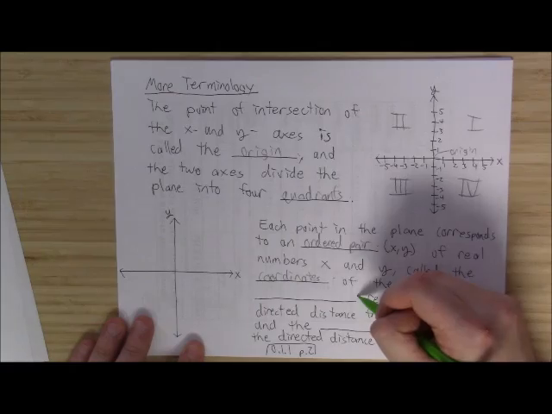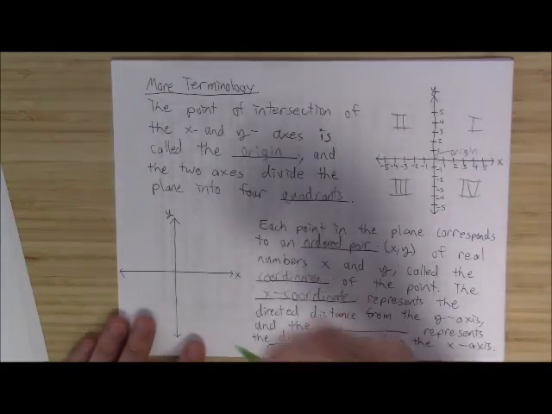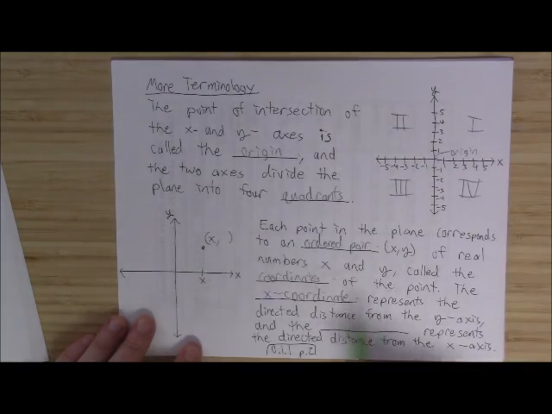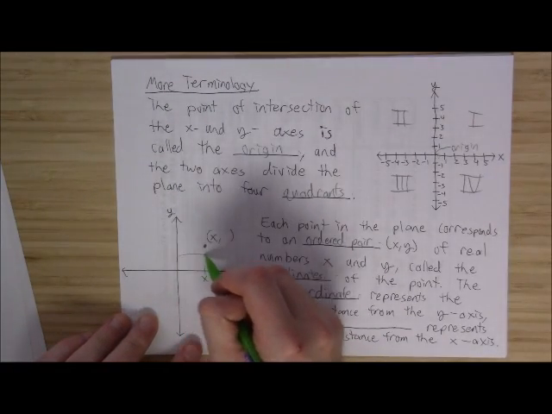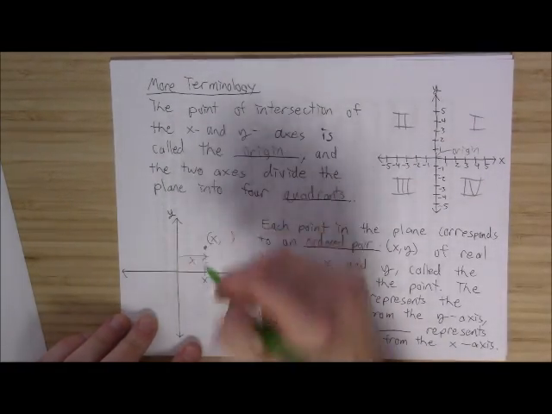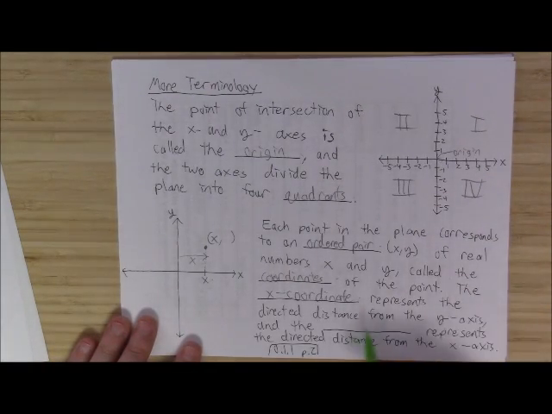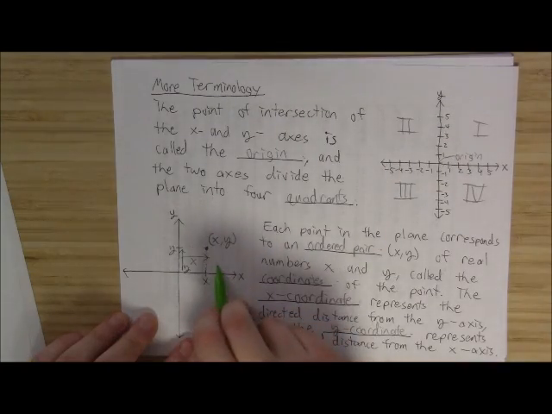The x-coordinate, which, if I was to write it here, would be like this, represents the directed distance from the y-axis. In other words, it measures some distance like this, right? This is x distance away from the y-axis. However, the y-coordinate represents directed distance from the x-axis, like so.